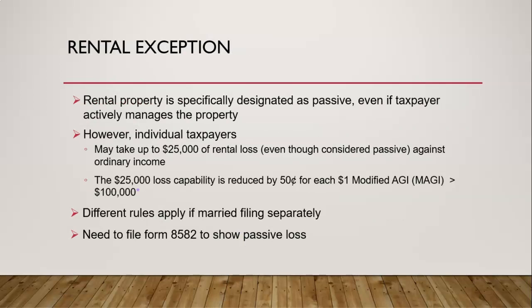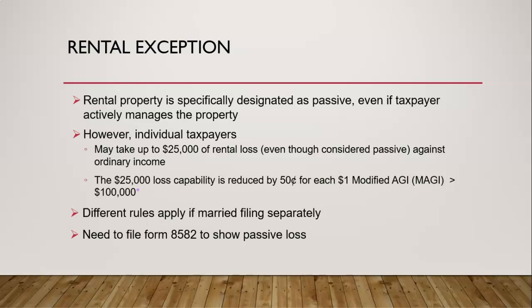Now, rental property itself is specifically designated as passive. It's automatically considered passive, even if you spend time making decisions and fixing the toilet. However, there is a little loophole for an individual taxpayer.